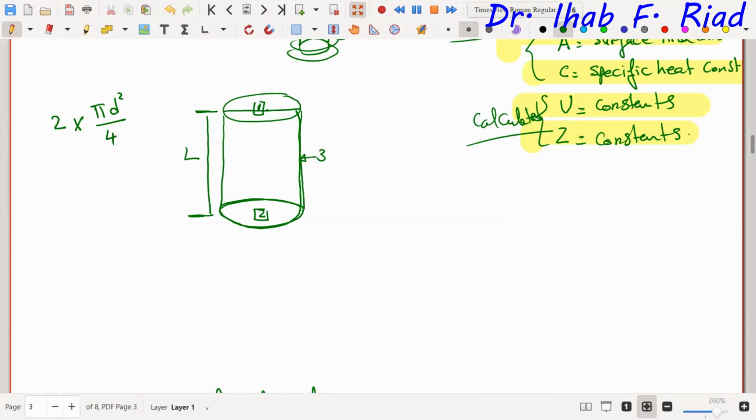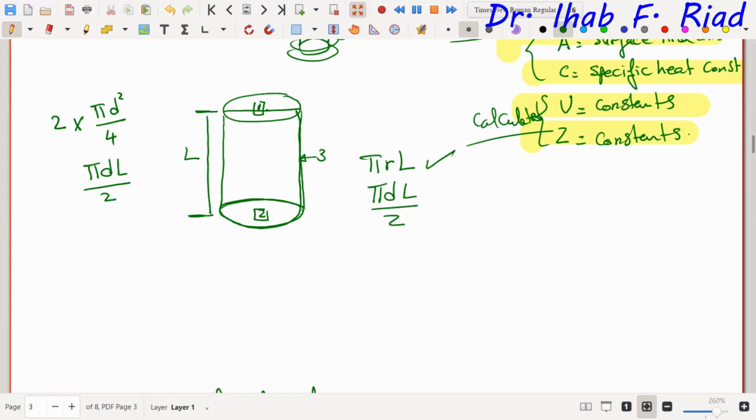So it is pi R L. Pi R L, yes. But again, we are not using R, right? Pi D, D squared over 4, L divided by 2. You say pi R L, right? This is right. What is R? D over 2, right?